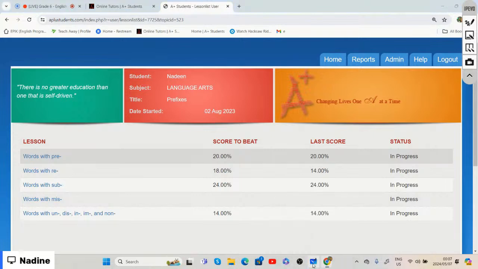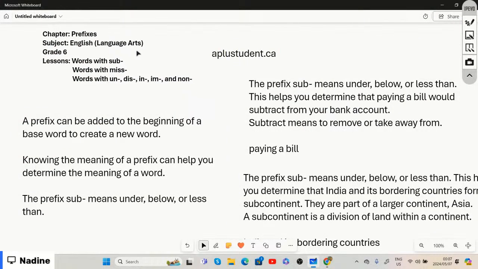So in today's lesson, our chapter is prefixes once again. Our subject is English Language Arts, grade 6. And the lessons that we will be focusing on today under the chapter of prefixes are words with sub, words with mis, as well as words with un, dis, in, im, and non.